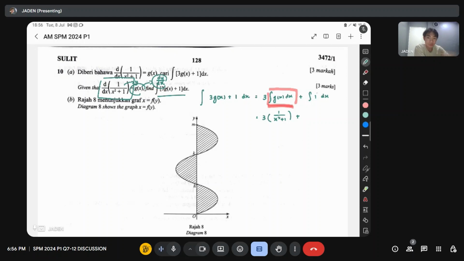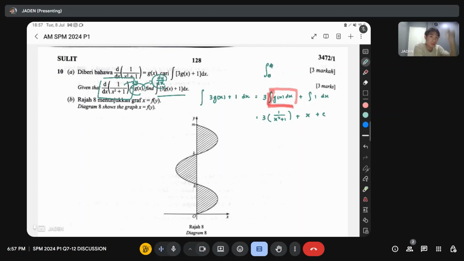Integrate 1 means for any number, if you integrate, you just have to add x. When the number is not with x, and you have to integrate that, you add an x to that. So next thing is, I want you to write x, and then plus c also. Why plus c? Because this is an indefinite integral. Indefinite integral means there is no value at the top or bottom.